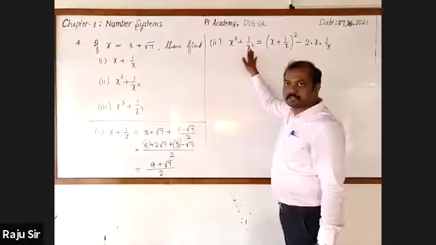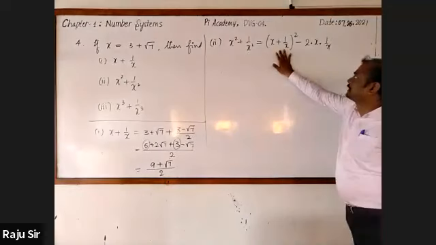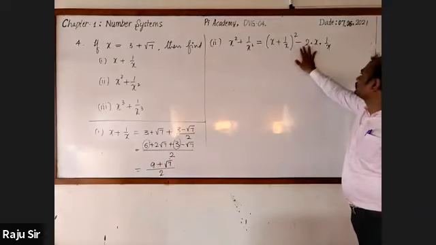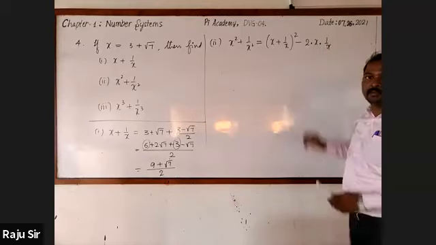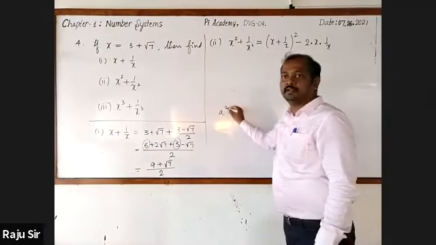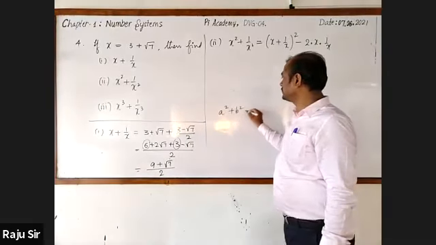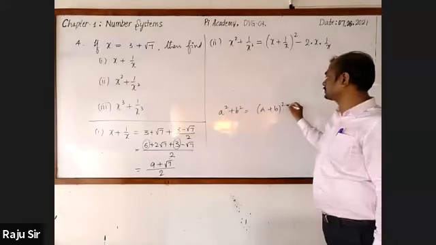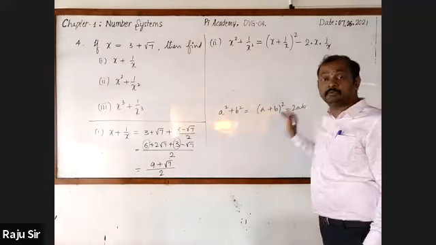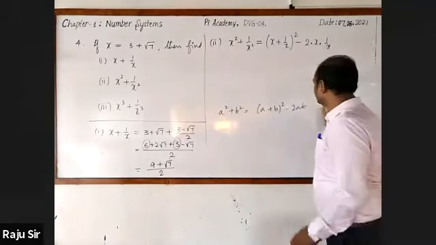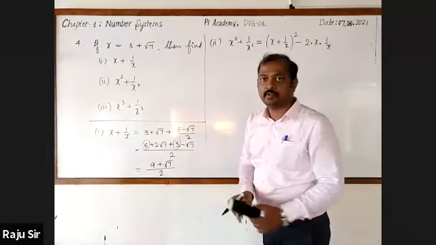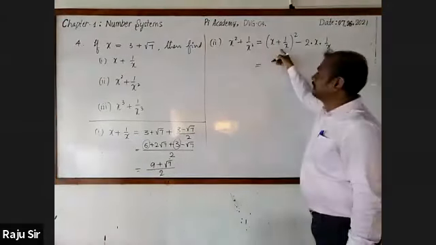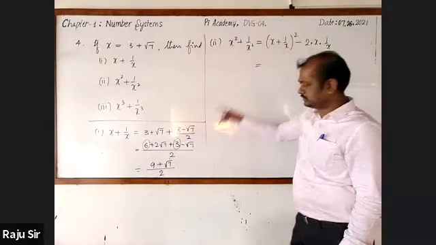I have written x square plus 1 by x square as x plus 1 by x whole square minus 2 into x into 1 by x, because a square plus b square is equal to a plus b whole square minus 2ab. Now, let us learn what is x plus 1 by x.